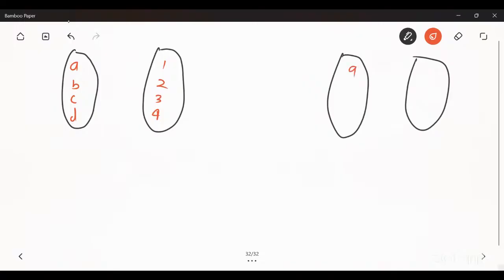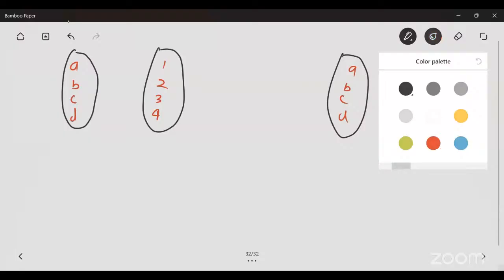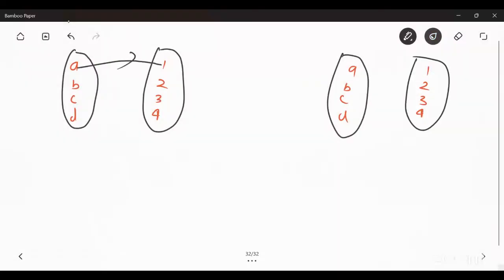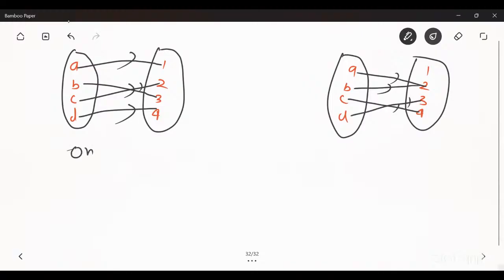And in the second, also the elements are A, B, C, D, 1, 2, 3, 4. So A is equal to 1, B is equal to 3, C is equal to 2, D is equal to 4. Here A is equal to 2, B is equal to 2, C is equal to 4, D is equal to 3. So that function, the first one, is known as one function.